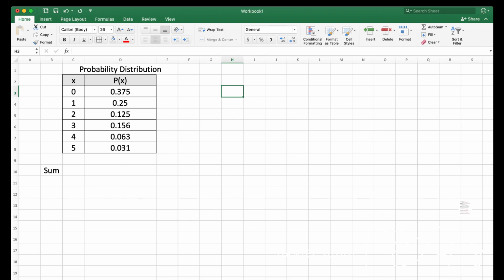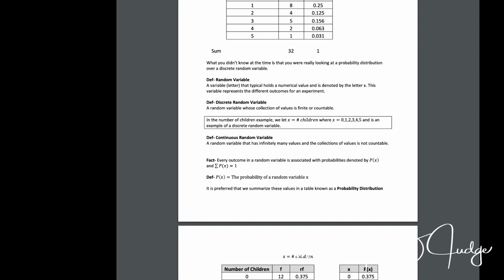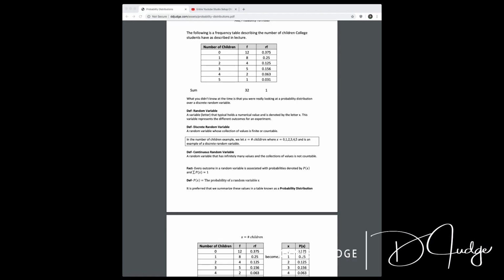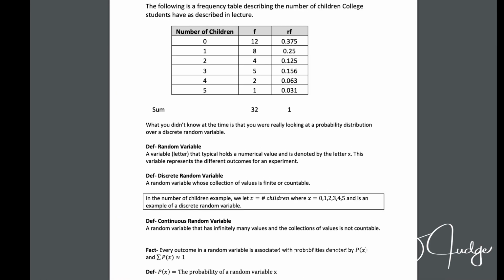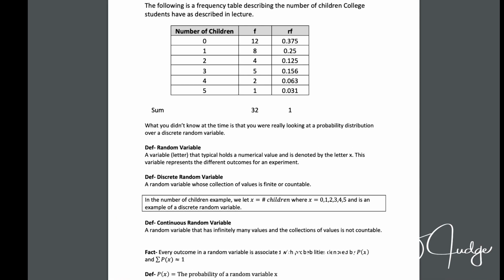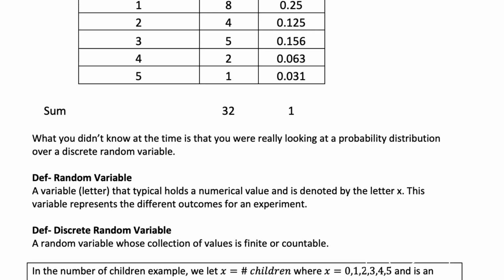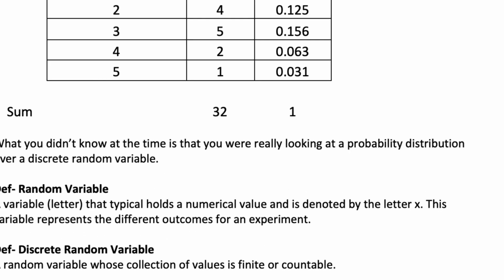If you go back here to our browser, and we're looking at this probability distribution, remember, back in the day, this was a relative frequency table. The sum of relative frequencies was 1. We add this, the sum is 1.